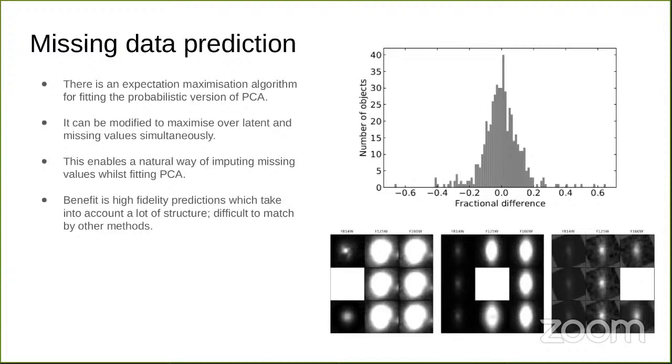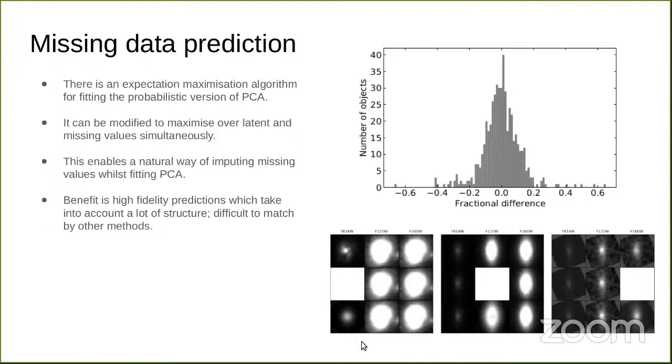You can use that probabilistic extension along with a maximum likelihood type algorithm to impute data in a way that nothing else does, as far as I know. So in this instance, I left out random bands, so not just a pixel here and there, but a whole band.